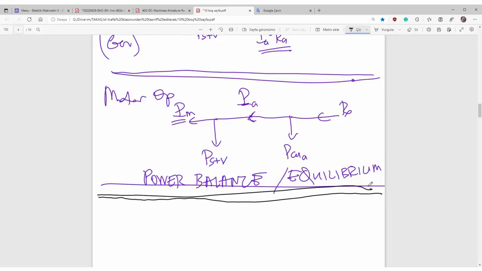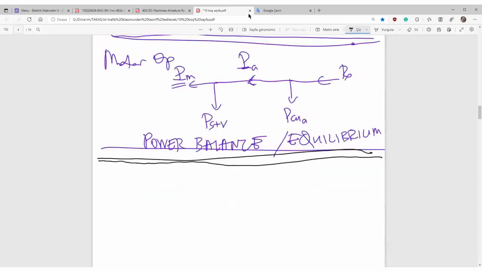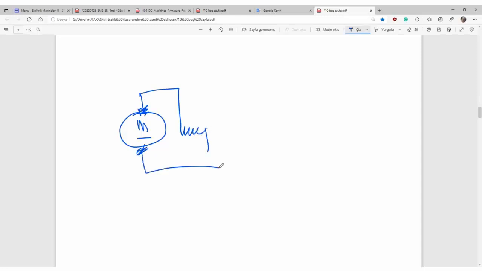Let me open a blank page here. I will delete this page right now after discussing. Let's say here's a motor, and then here's a shunt winding. I will talk about it in the next hour.